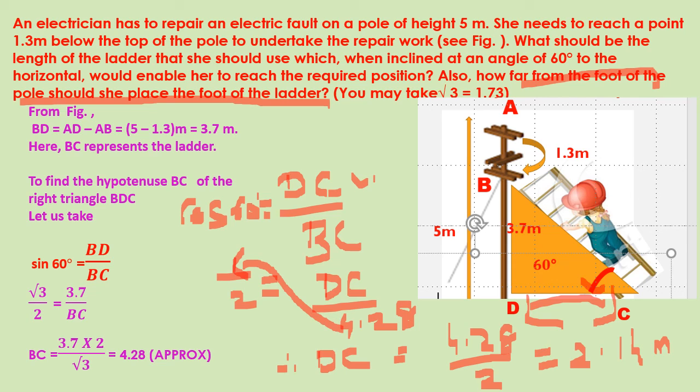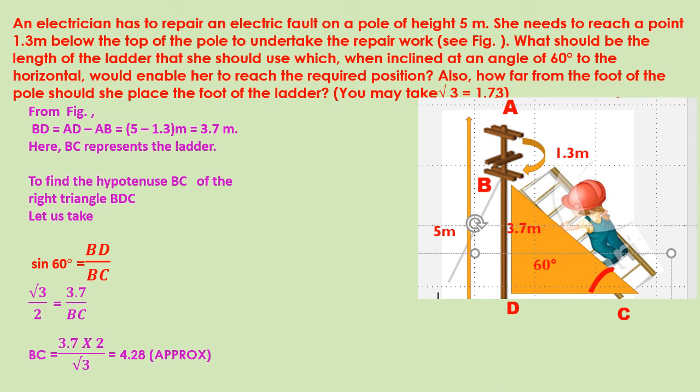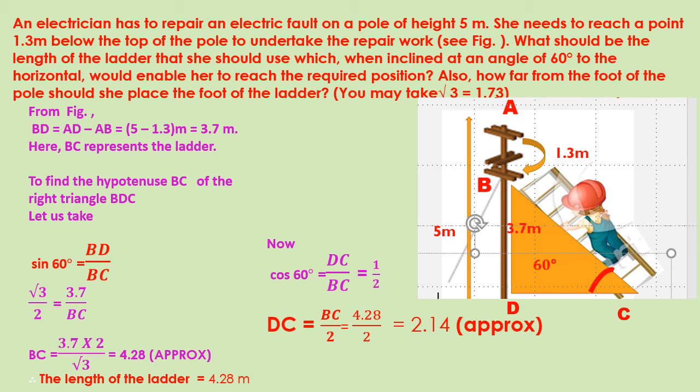Let me show you how the steps work. Cos 60 is equal to DC upon BC, and cos 60 is equal to half. Here it goes.